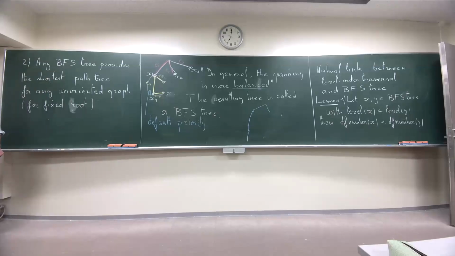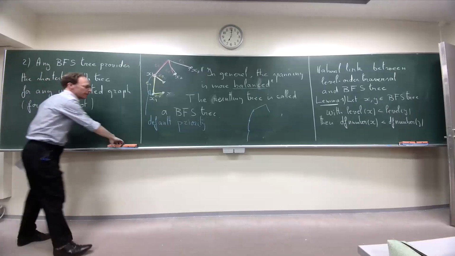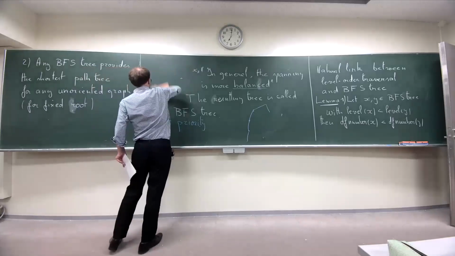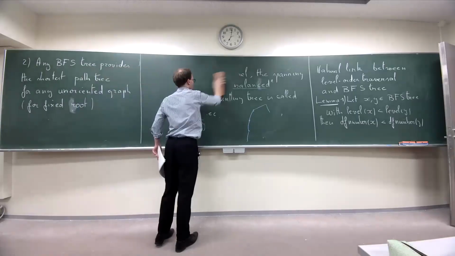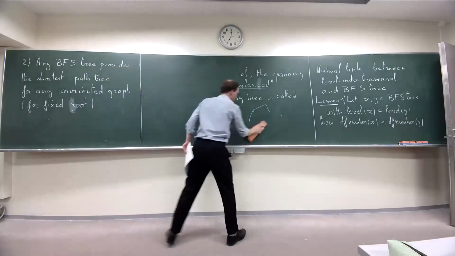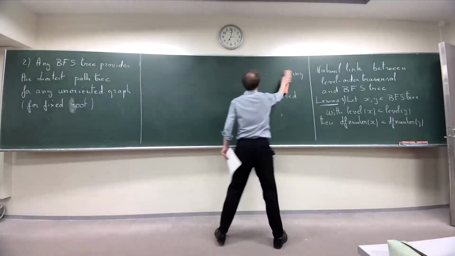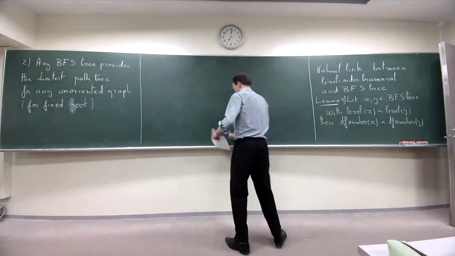So this algorithm allows you to construct the shortest path from the root to any point. And the height, or the level, gives you the distance between the root and any vertex. Okay, so this is a nice way to construct systematically this shortest path tree. Just use this algorithm.